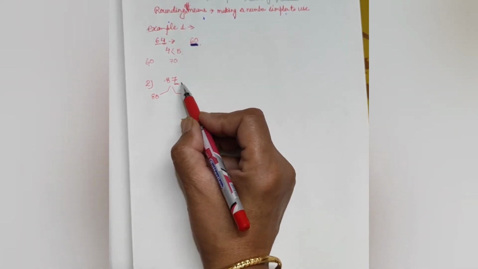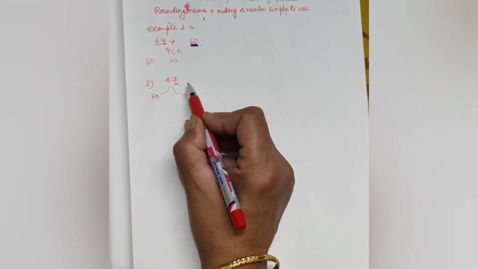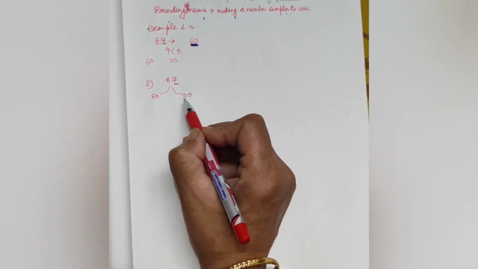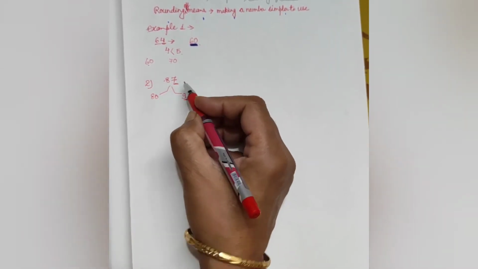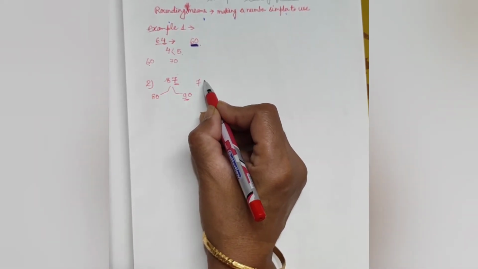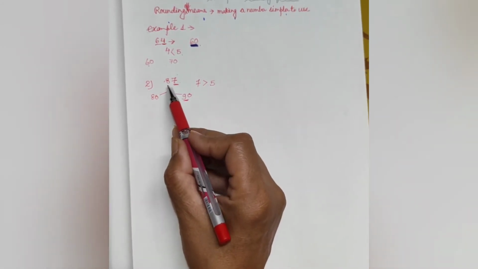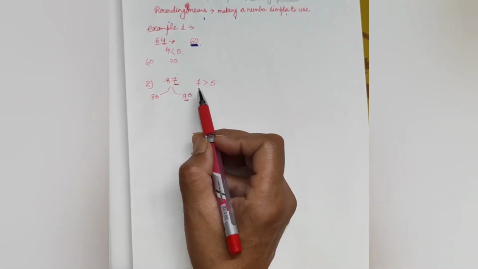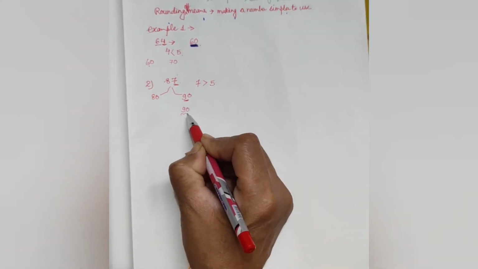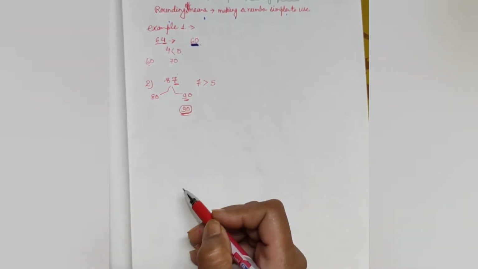Now if the ones place digit is 5 or more than 5, we round off to the upper number. The ones place digit is 7, which is greater than 5. So 87 is rounded to 90. Answer is 90.